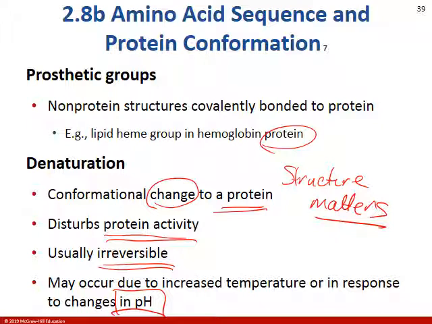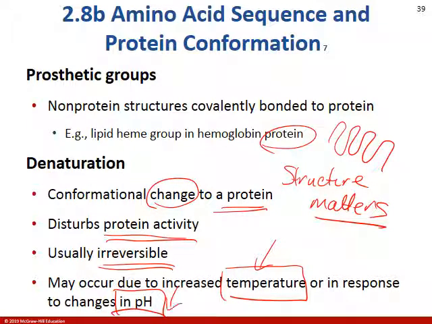Proteins are really sensitive to temperature changes and pH changes. So the structure of the protein matters, how it's folded matters. Whether it's exposed to increased temperatures or differing pHs, it can make this unwind, unravel.